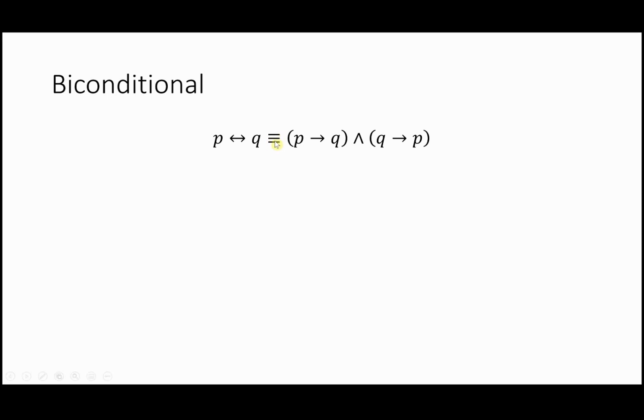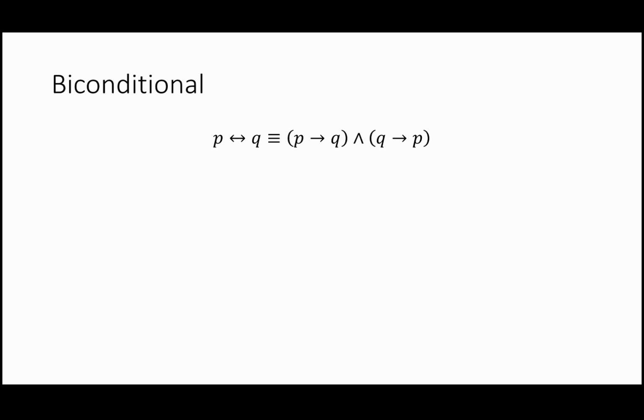So it's equivalent to saying that I have the original conditional version of it, if P then Q, and it also has to be true that the converse is true as well. Okay, or they have to be both false.